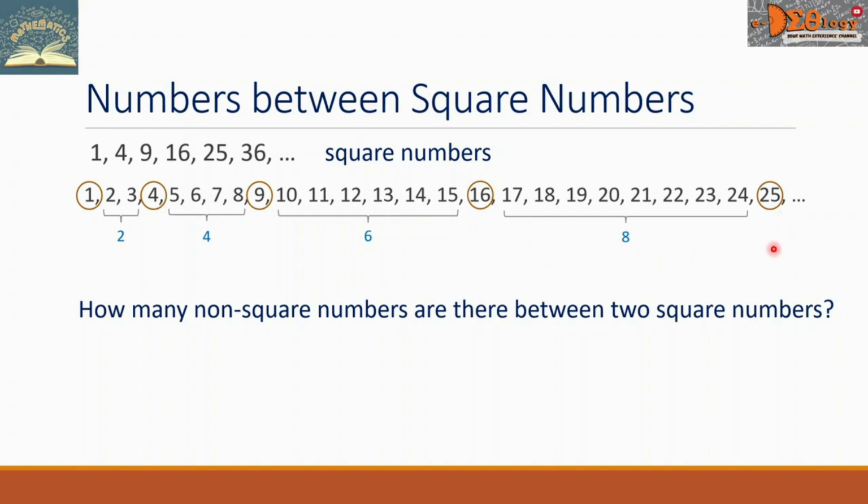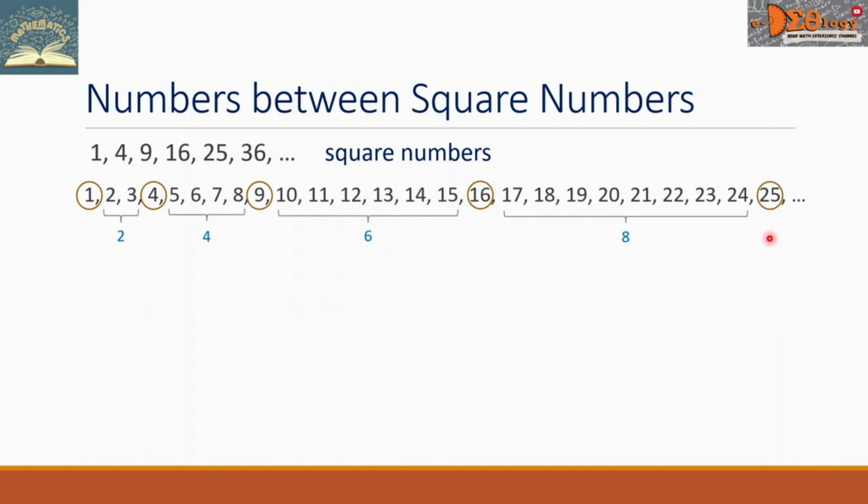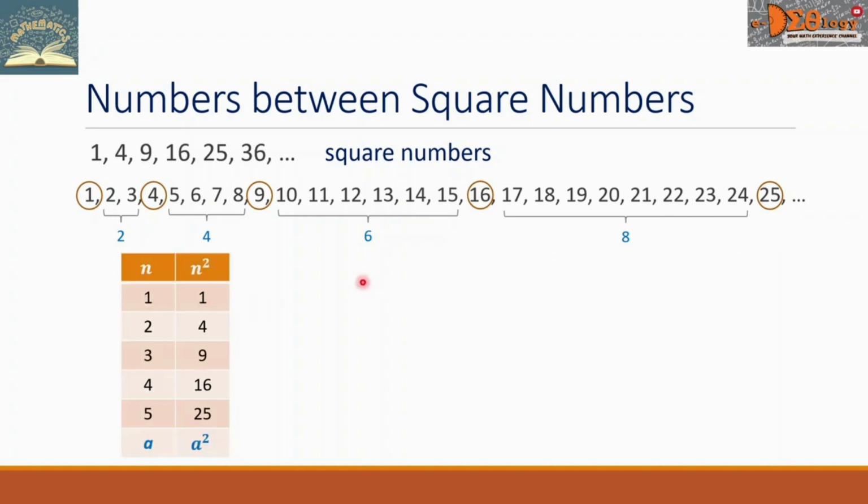And then let us generalize. First, let us show this table. For the first column, we write the natural numbers. For the second column, we square that particular number. So this is 1, the square is 1; 2, the square is 4; 3, the square is 9; 4, the square is 16; 5, the square is 25, and so on.